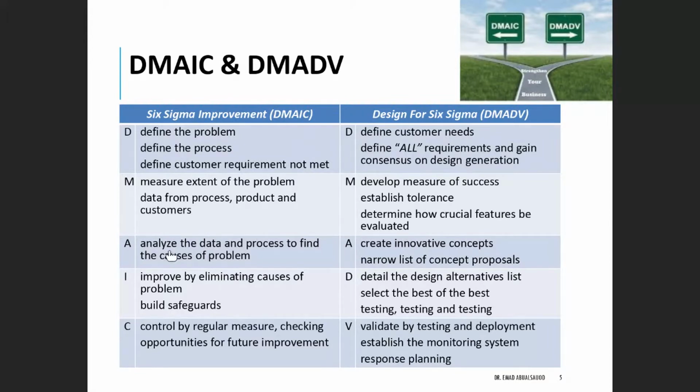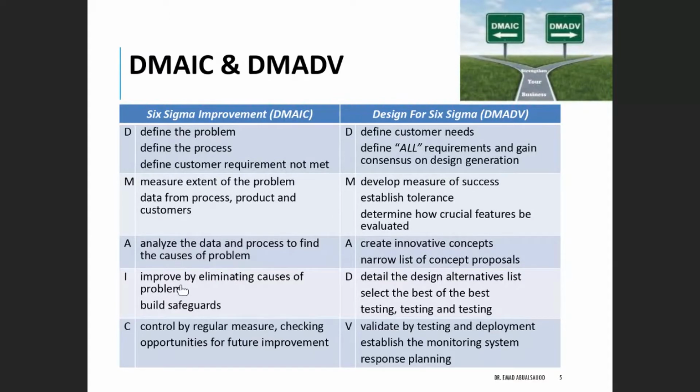Analyze the data and process to find the causes of a problem. Create innovative concepts and narrow the list of concepts. So you start to have something. You have innovation here in terms of the concept and the design. Whereas here, most of it is analyzing to improve the process or the product or the service.